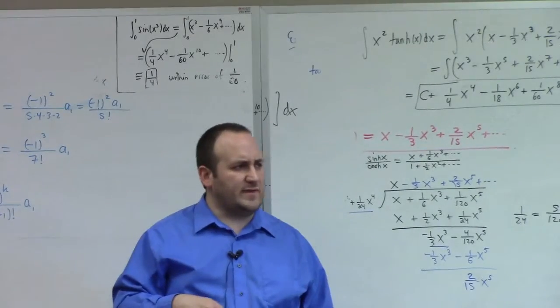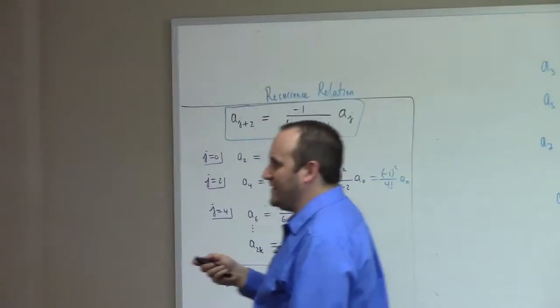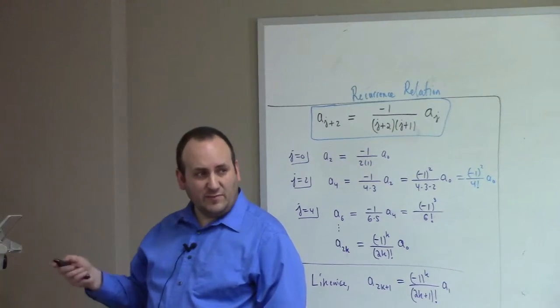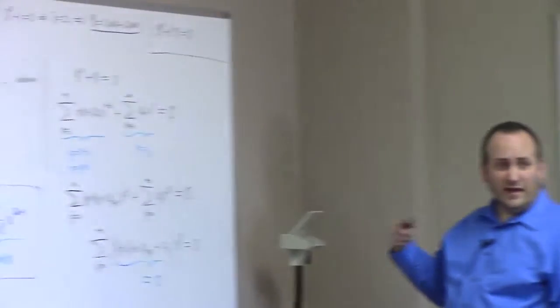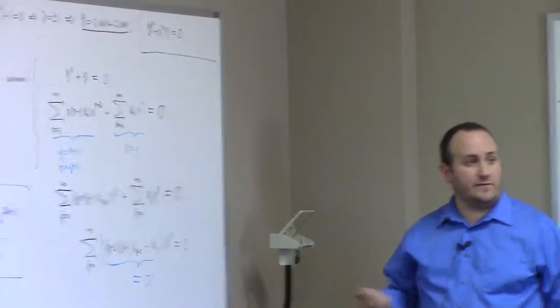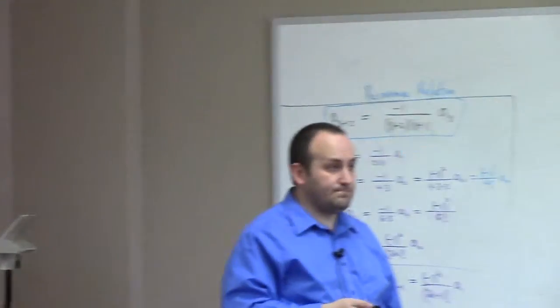And something more, this technique even solves weird problems like this one. I can go through the same idea I just went through with putting an x squared here or something. I will get a different recurrence relation, and I will derive power series solutions to that differential equation just the same.